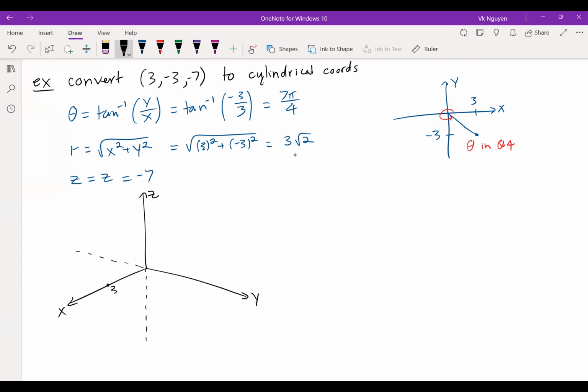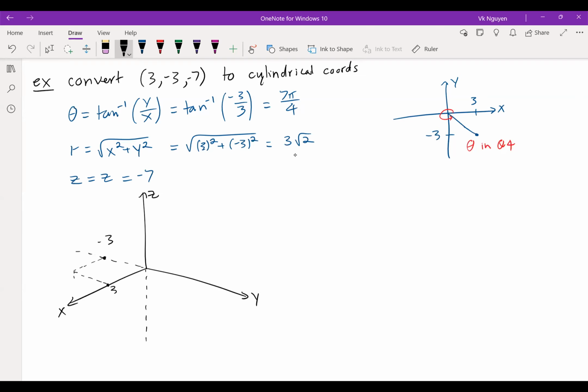We got to get the coordinate here correctly. Okay, that looks good.